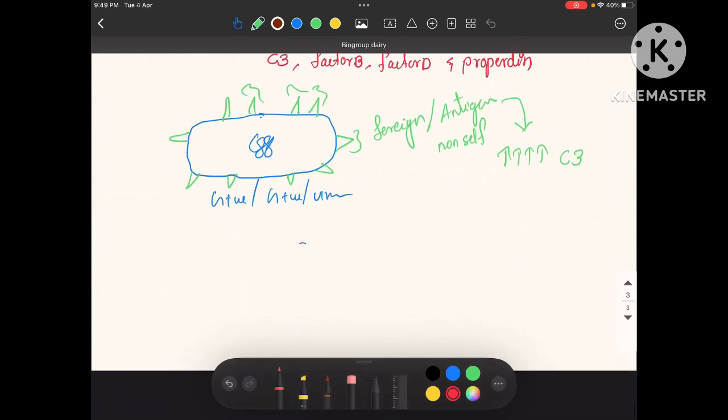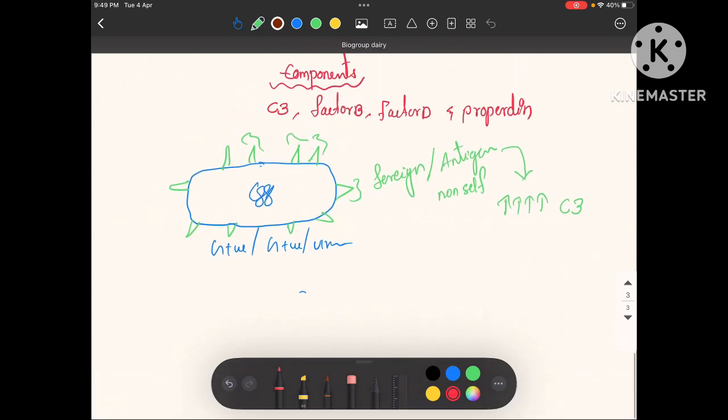In the classical pathway, we know that C3 is cleaved by the C3 convertase enzyme and leads to the generation of components like C3a plus C3b.